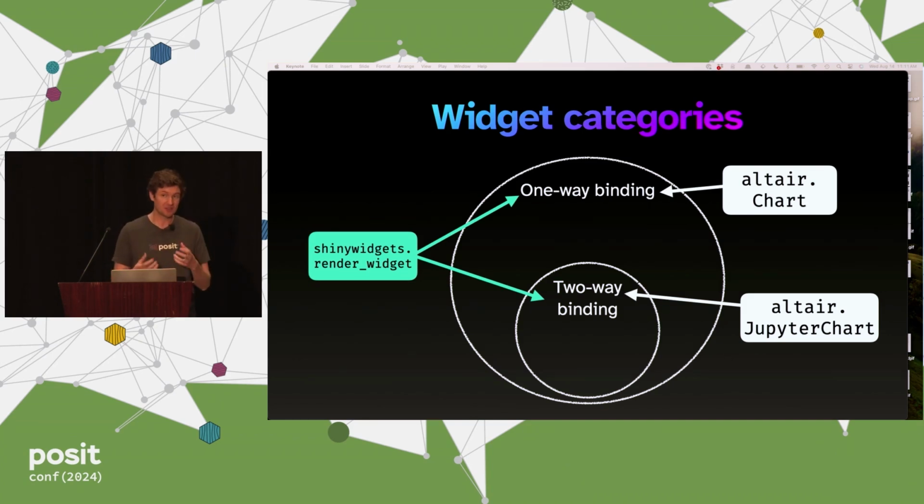And this makes getting started with shinywidgets a whole lot easier, because a lot of these packages like Altair, I'm just using Altair as an example here, but this is true for Plotly and a lot of other packages, have the one-way binding at the heart of their documentation and code examples. So if you look up Altair, you'll see Altair Chart all over the place. It's very convenient to just dump those code examples into shinywidgets, and it just works.